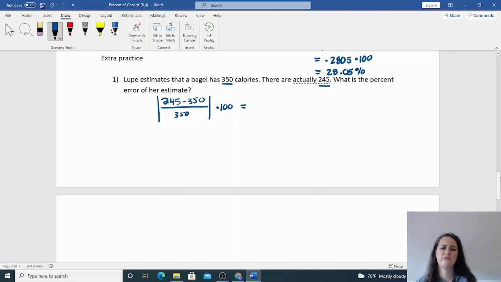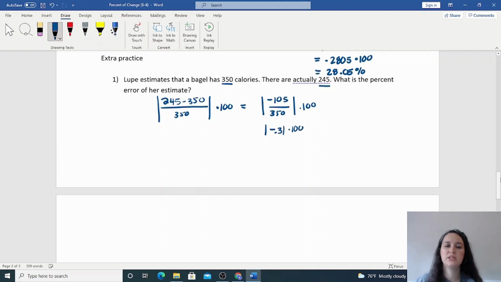You can put the percent if you want to, you don't have to. All right, I've got 245 minus 350, which is negative 105. So notice my absolute value bars are going to help here, times 100. Okay, so that's going to be 350 divided by 350. This is going to be negative 0.3 times 100.